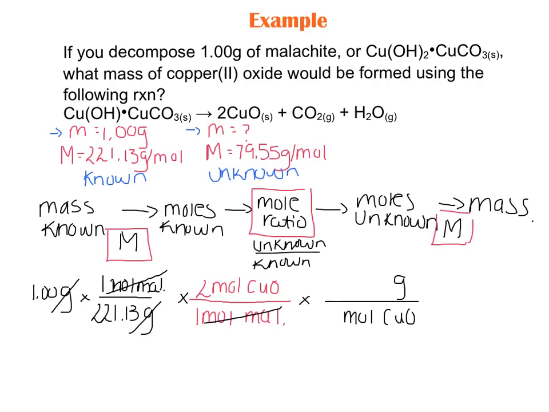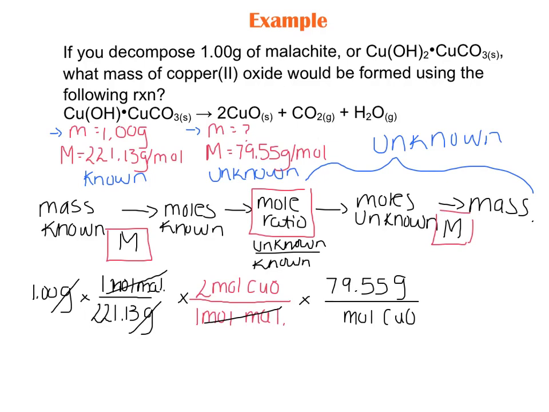And so this is once again a molar mass. However, now it's the molar mass of copper oxide, since now we're on the unknown side, where we have to use information only about the unknown. So our molar mass for the unknown was 79.55 grams.